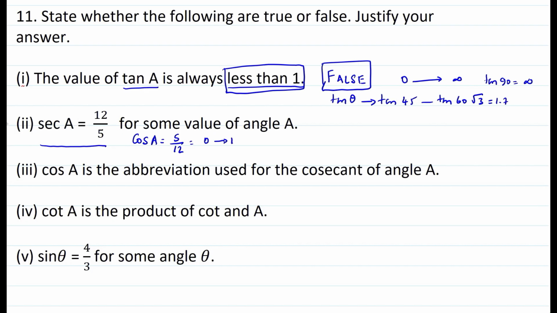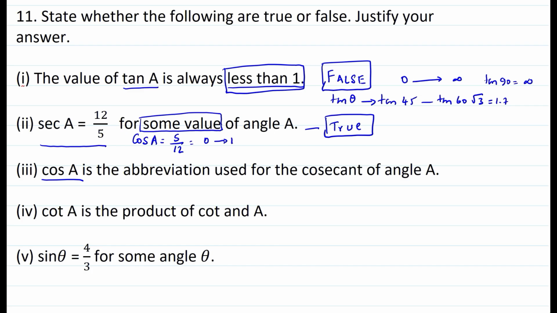Because it says some values, it doesn't say all the values. Some values of cos A lie between 0 to 1, therefore this answer is true. This is true.